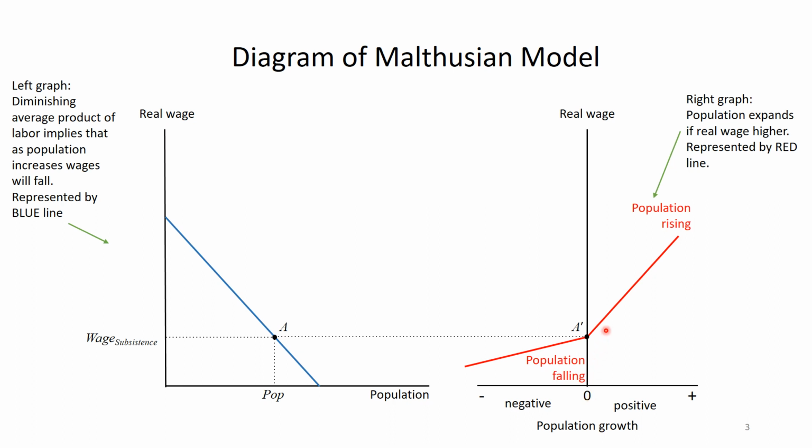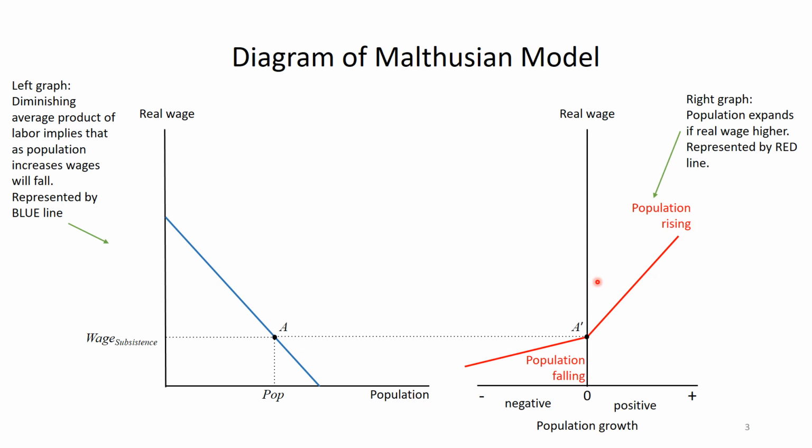On these axes, we've drawn a red line, and that red line tells us for any given level of real wages what population growth is going to be. For real wages above this point, A prime, population growth is going to be positive, and so population will rise. For levels of real wages or food output per person below A prime, the red line tells us that the population will be falling.